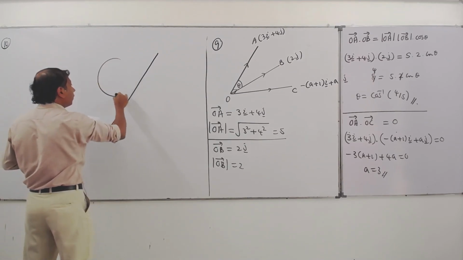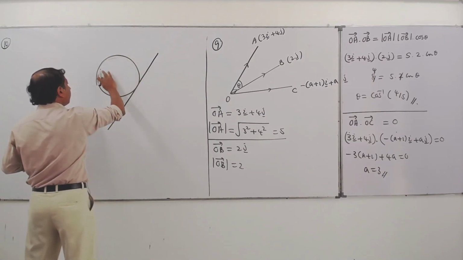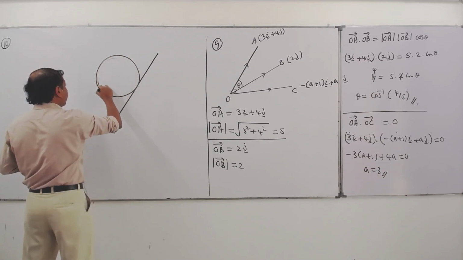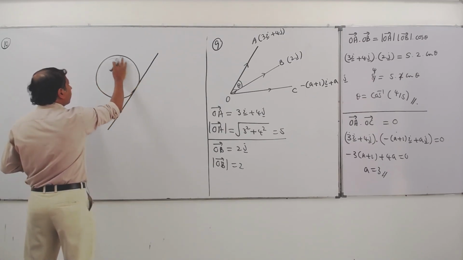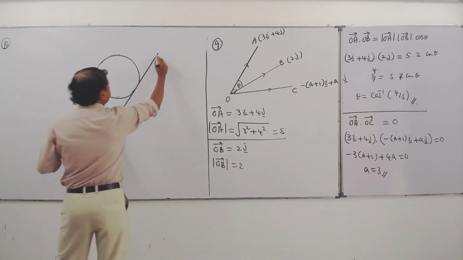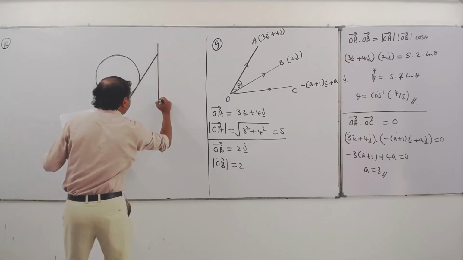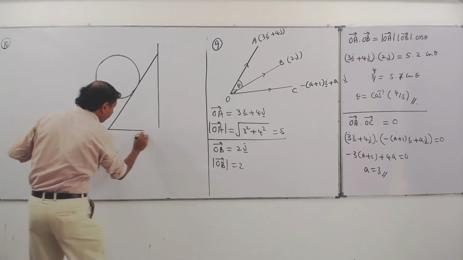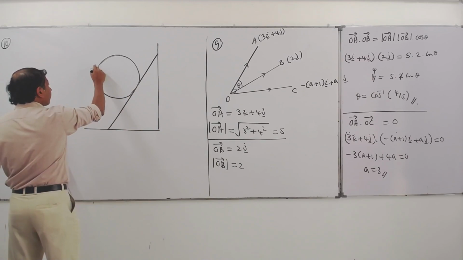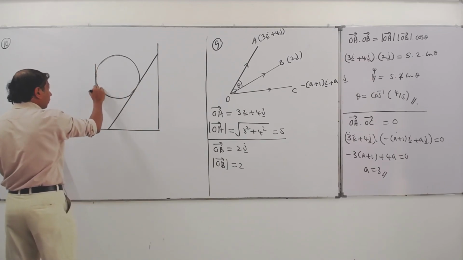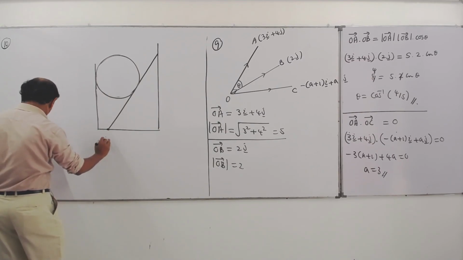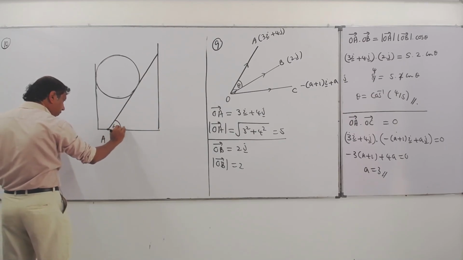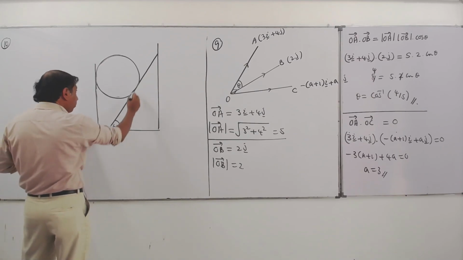Here we have a circular lamina. Here it is hinged at A. This angle is given as 60 degrees. And this point of contact is given as C.